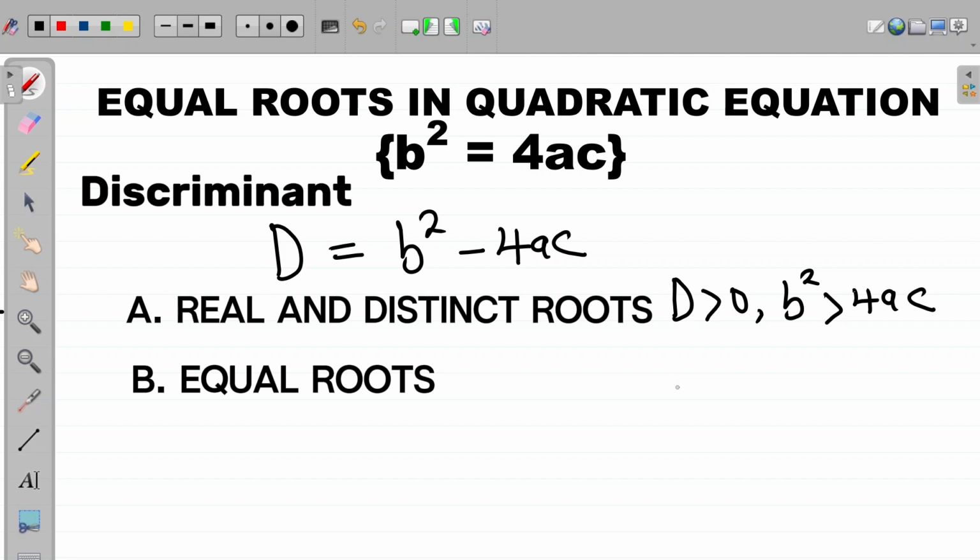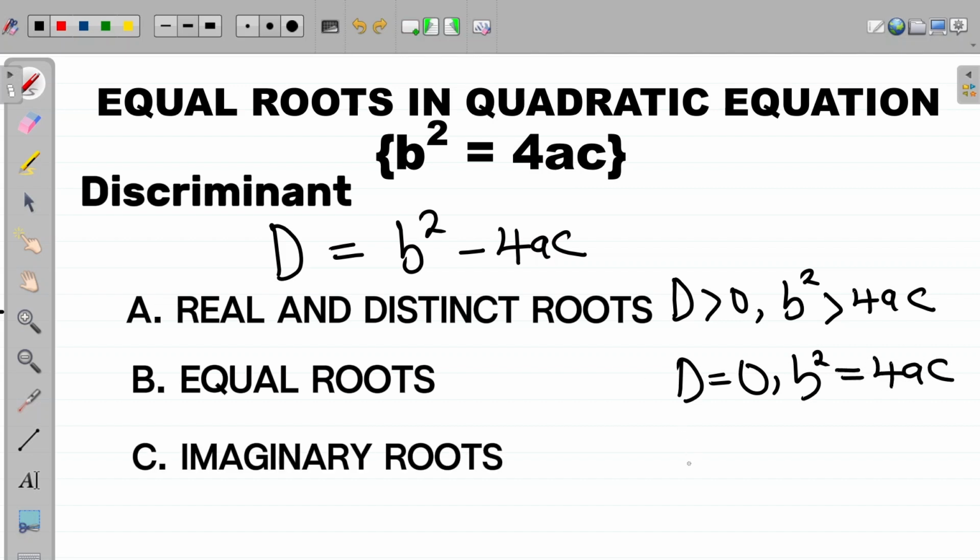Also, for equal roots, D is equal to 0, b squared is equal to 4ac. And for imaginary roots, D is less than 0, b squared is less than 4ac.